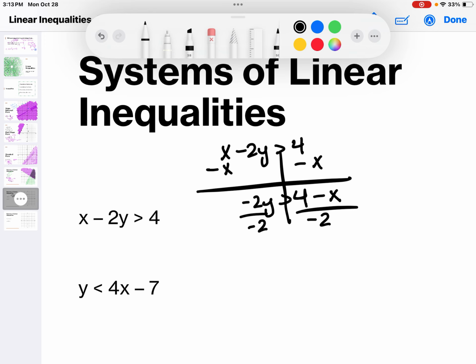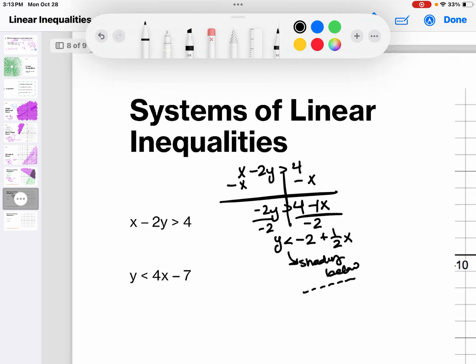And what happens when I divide by a negative? The inequality is going to flip. Hope everyone can understand why I got 1/2 x, because I have that invisible 1 in front of the x. So I'm going to be shading below, and it'll be a dashed line.